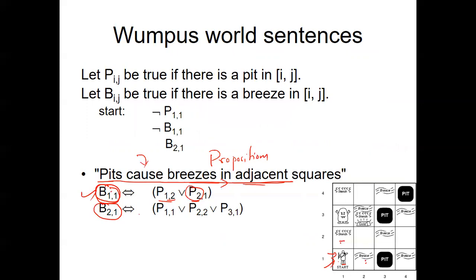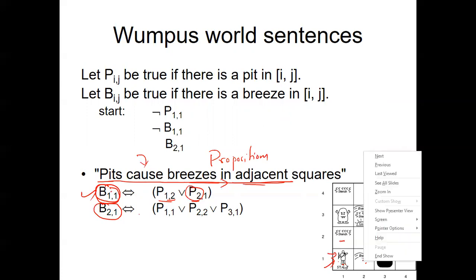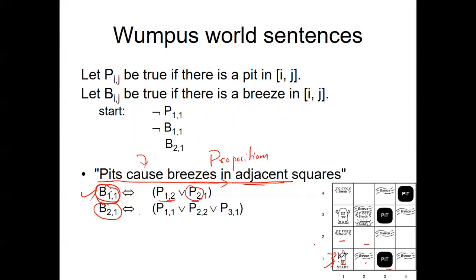What else? If there is breeze in 2, 1, it can be either in 1, 1 or 2, 2 or 3, 1. Similarly, if there is breeze in 3, 1, then what does it mean? If there is breeze, then the pit can be either here, here, or here.